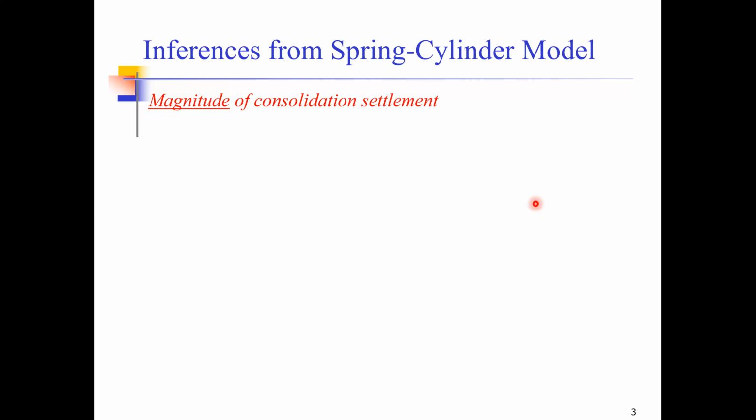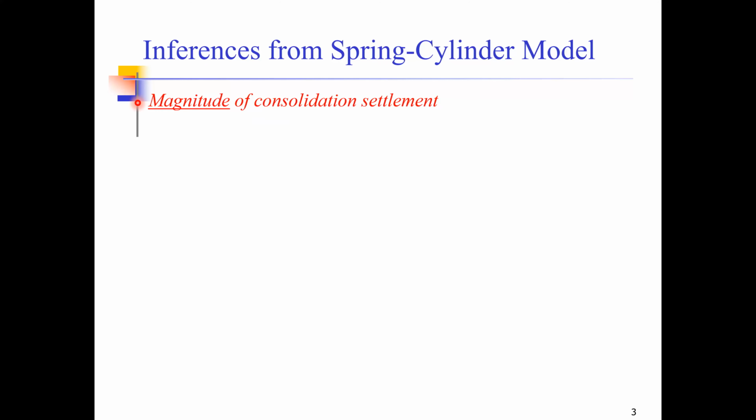When we apply some load on the soil, for example, when we construct a house on a soil which is subjected to consolidation settlement, our first concern is what would be the total magnitude of consolidation settlement? What will be the total settlement because of consolidation that will occur over there?